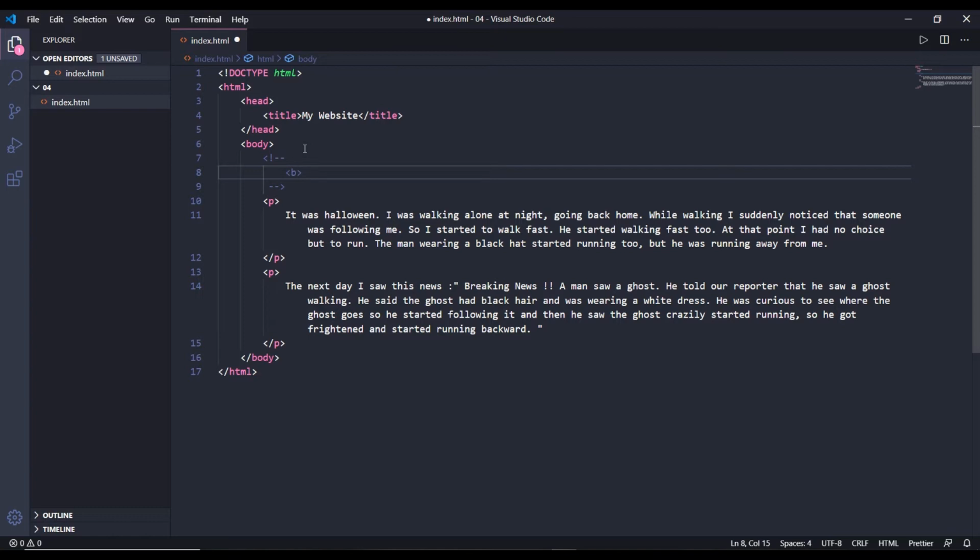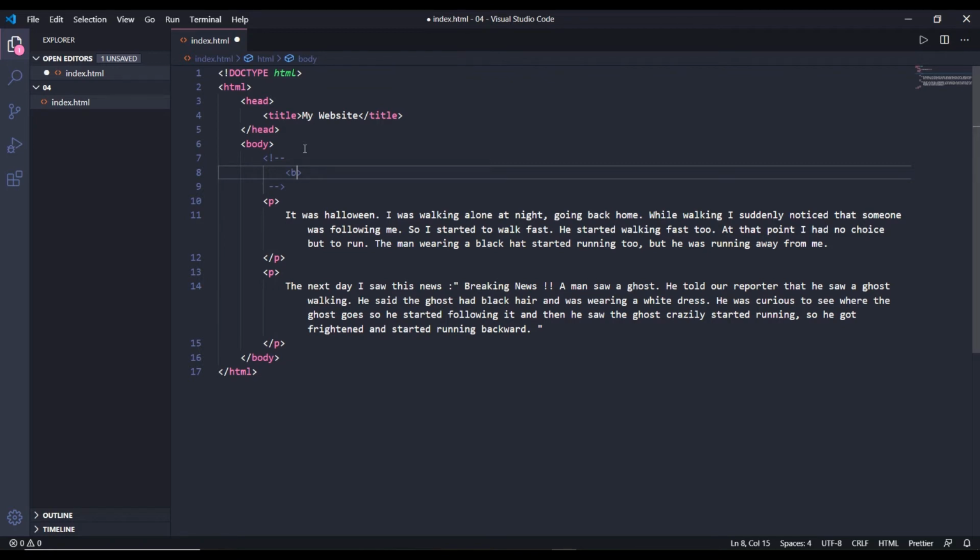If it's for urgent news, you use the strong tag, and the browser knows that okay, this word is urgent, important, and it needs immediate attention. So obviously these tags have their importance in the browser and in your content. So you should use these tags for their main purposes.